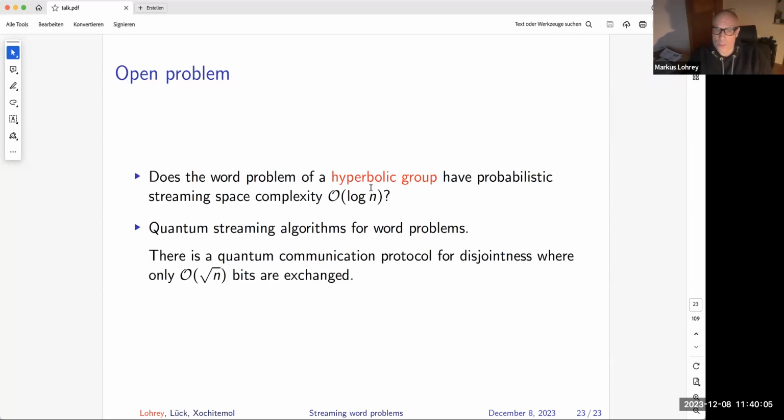For instance, it's known that there is a quantum communication protocol for the disjointness problem that I just considered where only square root of n many bits are exchanged. So the linear lower bound on the number of bits exchanged no longer holds. This protocol uses Grover's quantum search algorithm. All right, I think that's it. I'm done. Thank you very much for the attention.